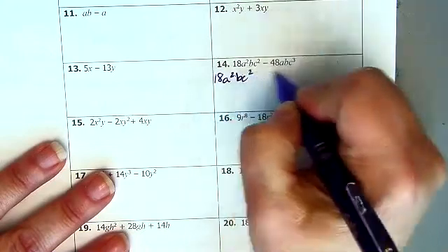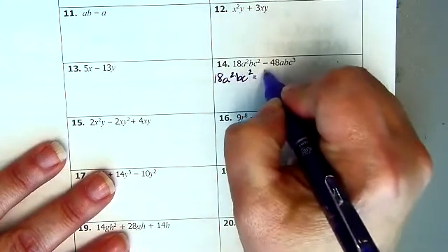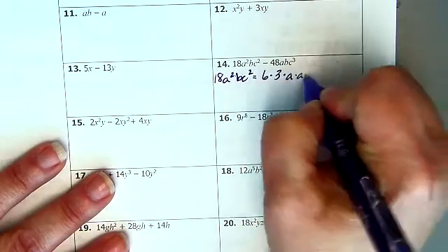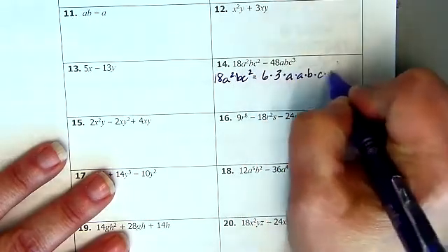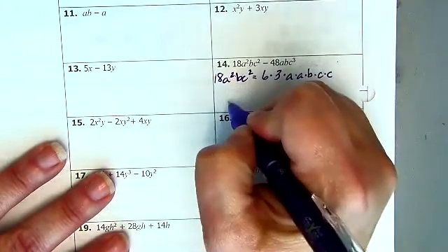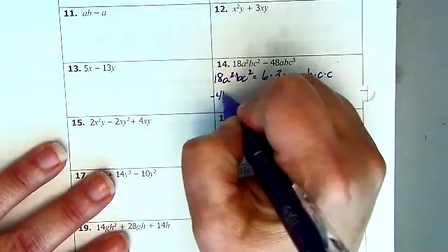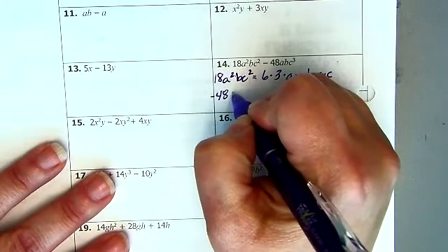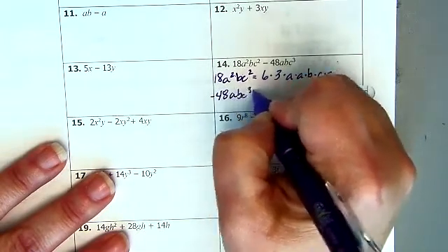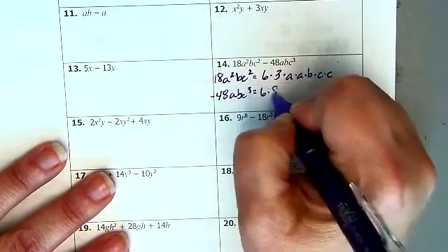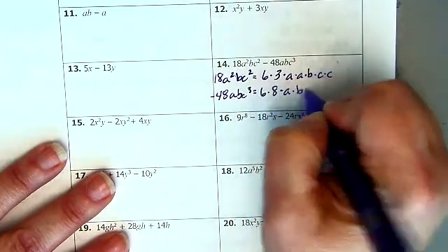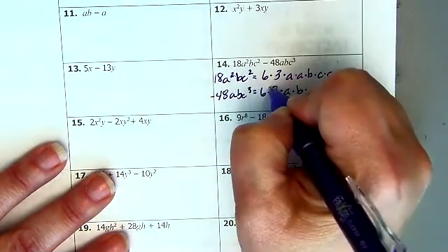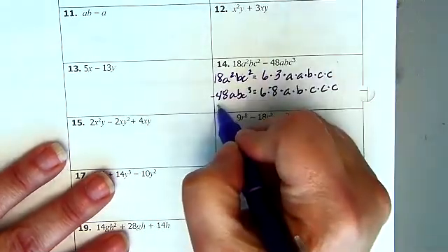So that's going to give me 6 times 3 times A times A times B times C times C. Then I have negative 48 A, B, C to the third. So that's going to be 6 times 8 times A times B times C times C times C. Oh, I'm going to make that a negative 8 because I remember that's a negative 48.